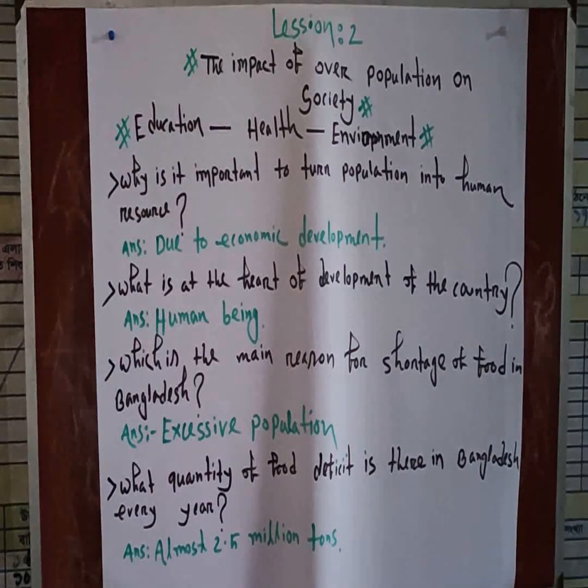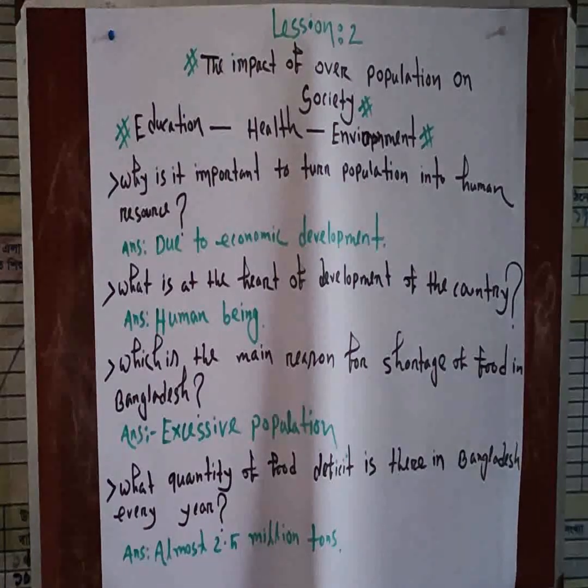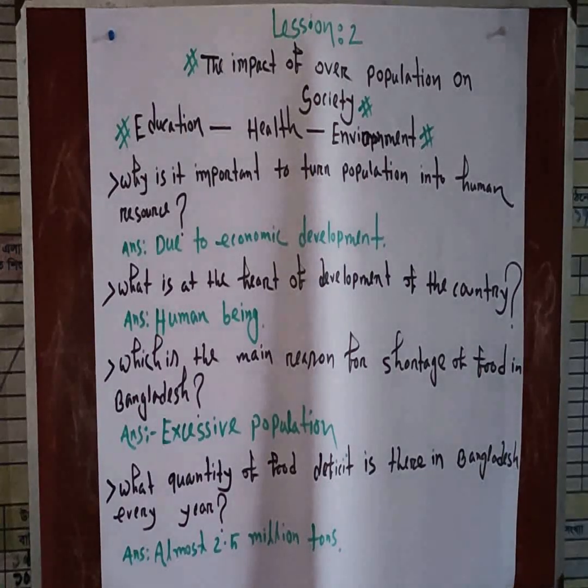And apart from this, on the impact of overpopulation on society, here we'll discuss the health issue, and there are not many established hospitals or medical centers in our country.